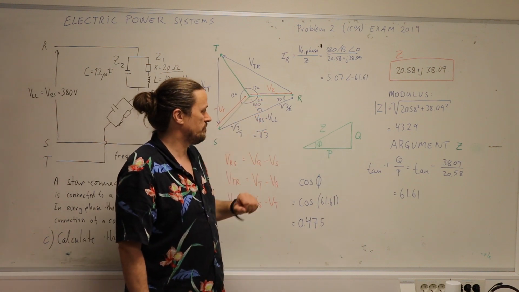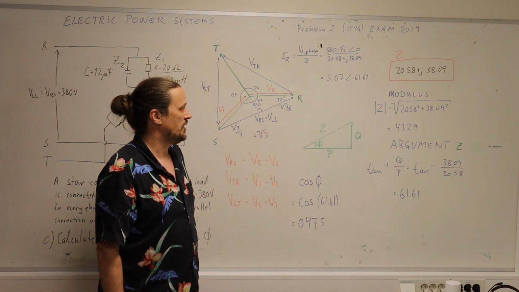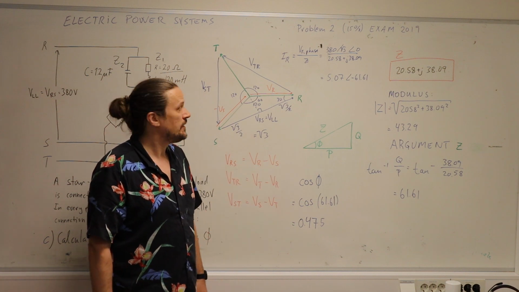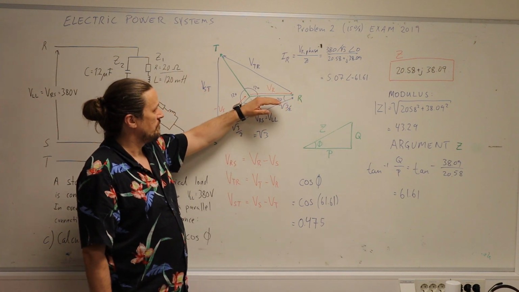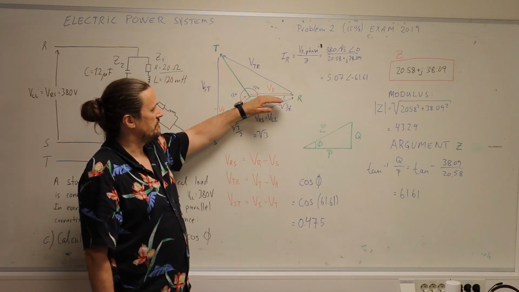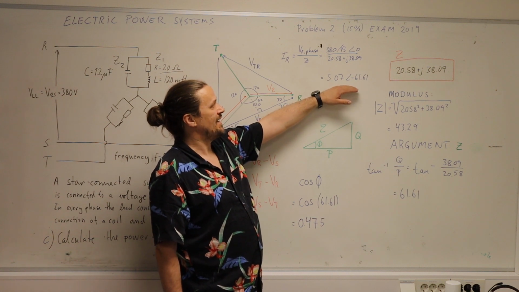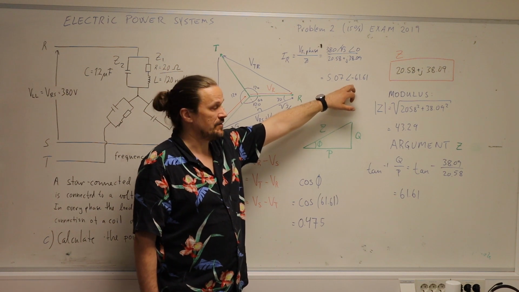And if you look into the impedance triangle, you will see that this amount of Q in relation to P will govern it. And in this instance, we then see that when the voltage is at phase 0, the line current is lagging that voltage by 61.61 degrees.